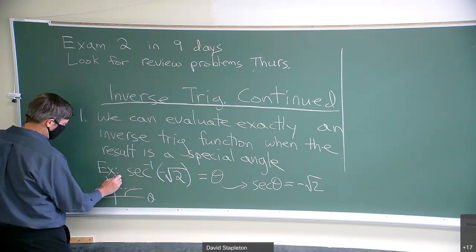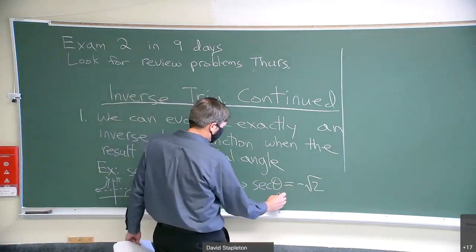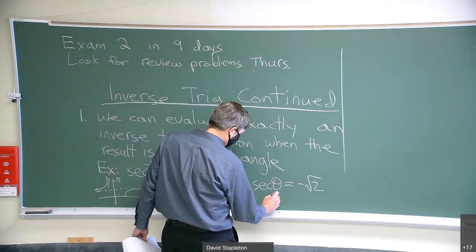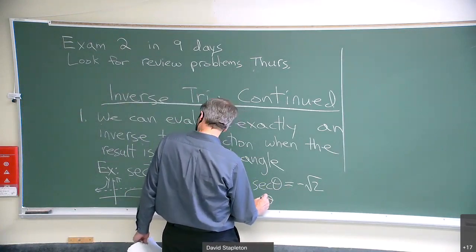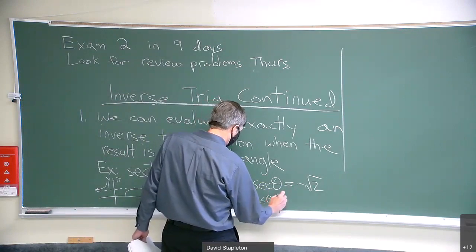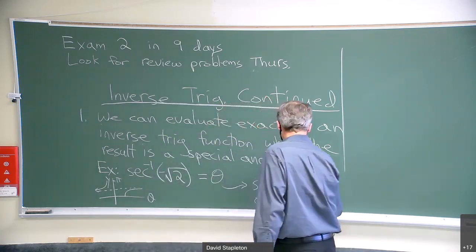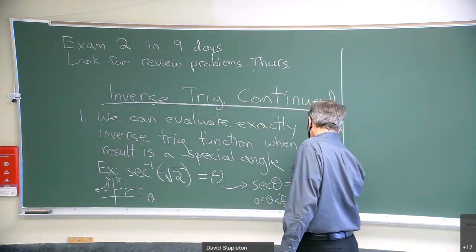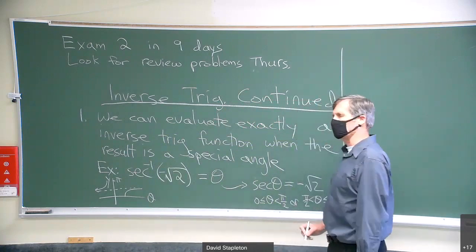So this is pi up here. So what you want is secant theta equals minus square root 2 and theta in the range of the arc secant function, between 0 and pi over 2, or pi over 2 and pi. In other words, the first or second quadrant.